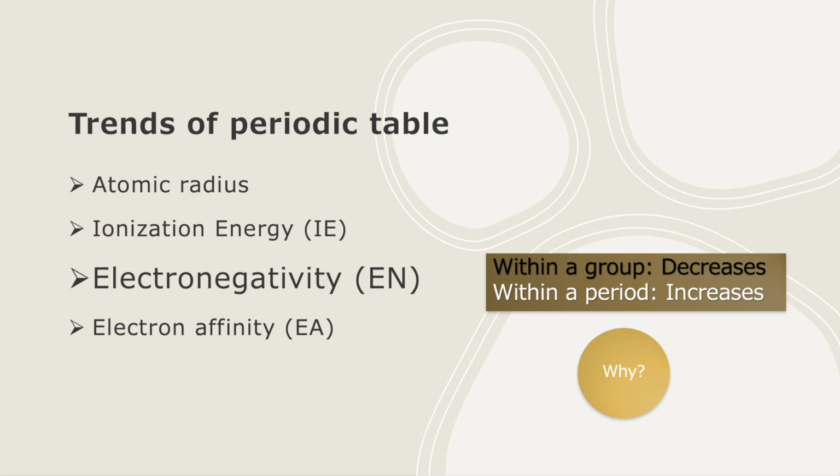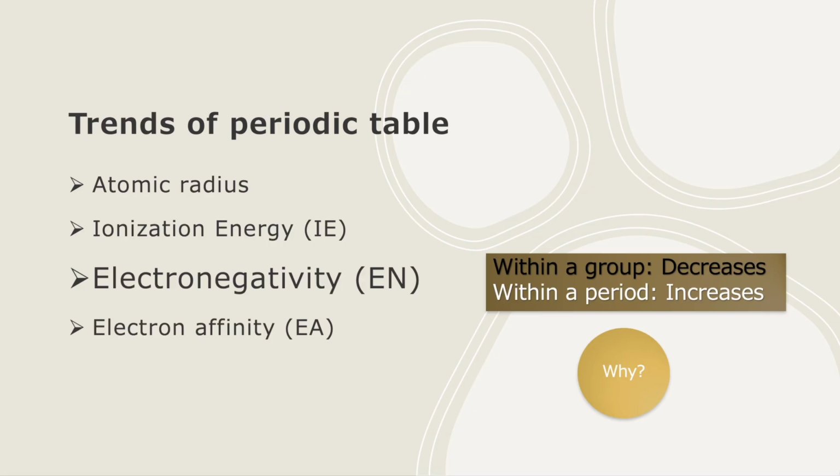Electron shielding occurs when inner electrons reduce the nuclear pull on the outer electrons. Atoms with more electron shells, which means bigger atoms, experience more shielding, reducing their ability to attract electrons, thus lowering their electronegativity.